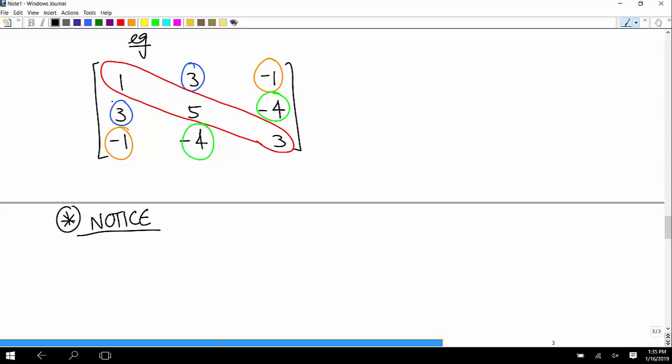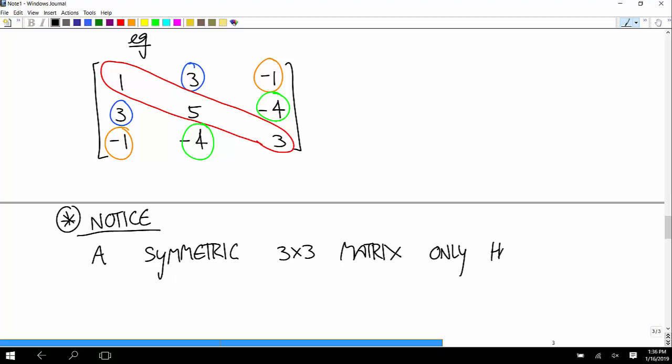For a 3 by 3 matrix, if it's symmetric, we don't have 9 independent values, we only have 6. So a symmetric 3 by 3 matrix only has 6 independent values.